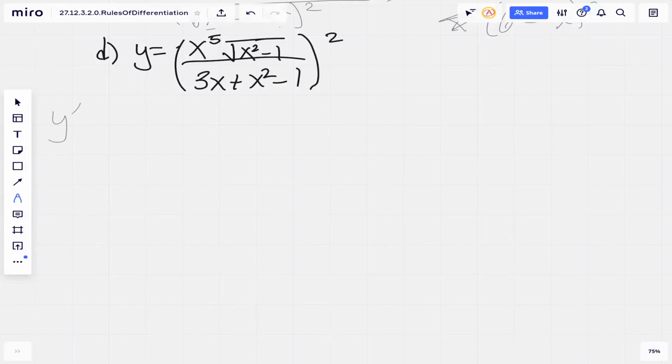So y prime equals 2 times x to the power 5. I'm just going to copy everything that's in the brackets, raised to the power 1, times, now we're going to take the derivative of what is in the brackets. Let's put big square brackets and work with that.